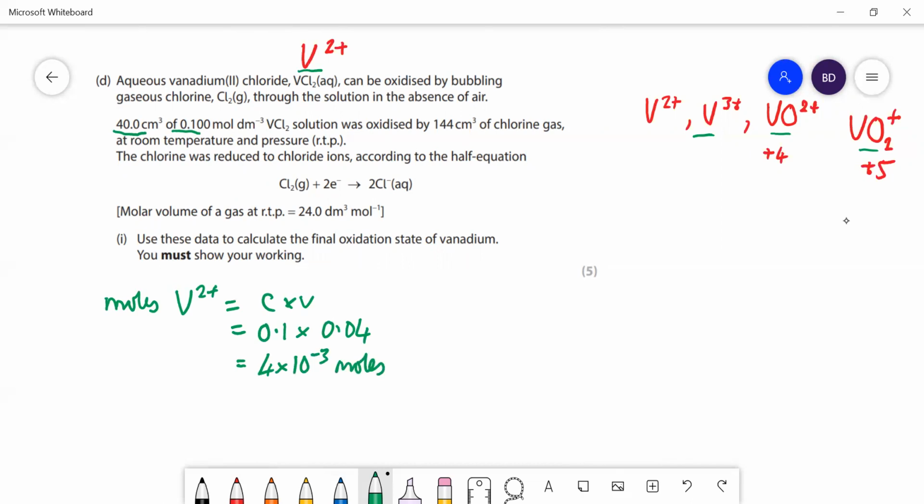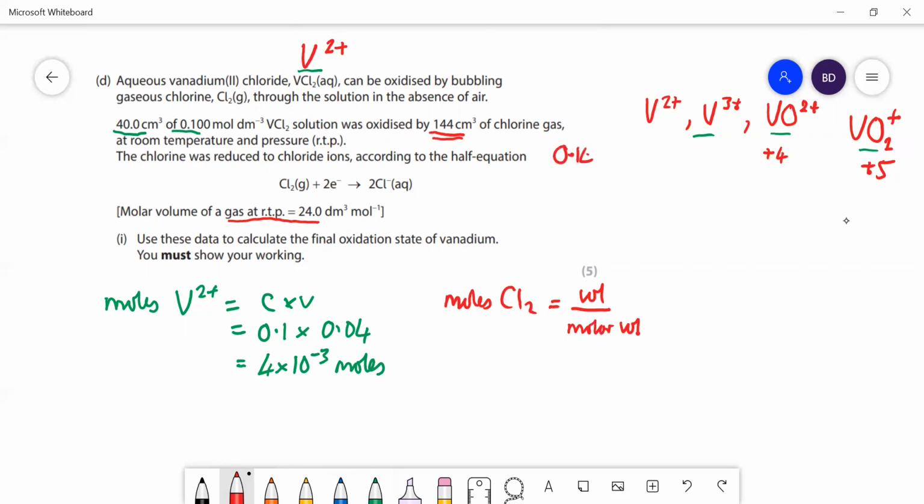Now we have to work out the moles of chlorine. We need to see the ratio that they react with each other in. The moles of chlorine, we're going to work that out because it gives us the molar volume, and it tells us how much chlorine, 144 centimeters cubed. So that's equal to volume over the molar volume. We'll convert that to dm cubed.